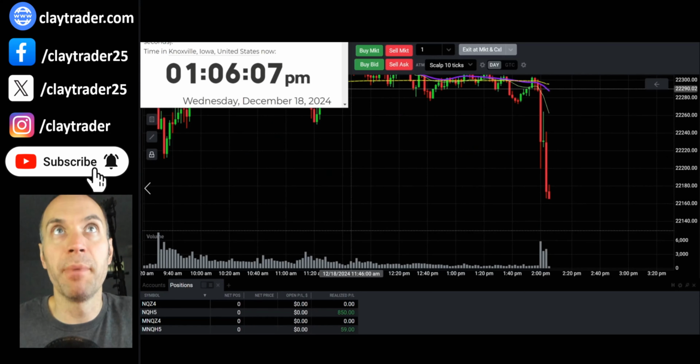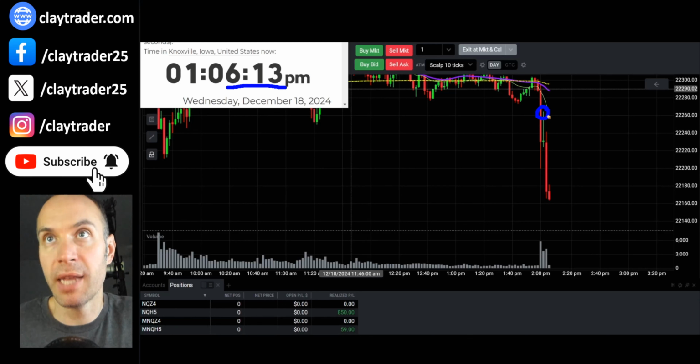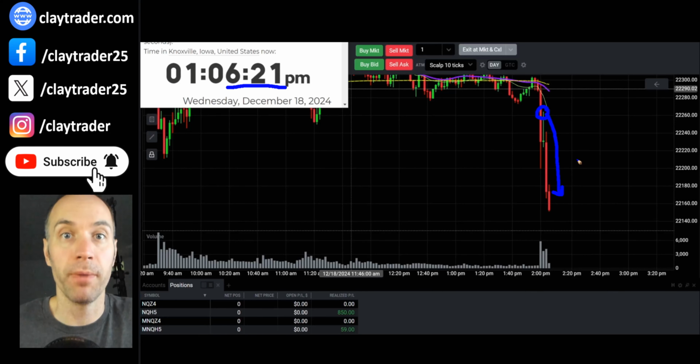So now you can see a little bit more updated action. We're about 6 minutes later. And yeah, there was a bit of a bounce where the price got up that high. But as we watched the action continue to play out, it got that high, pushed down to these lows, and as you're watching right now, the price continues to drop even lower.